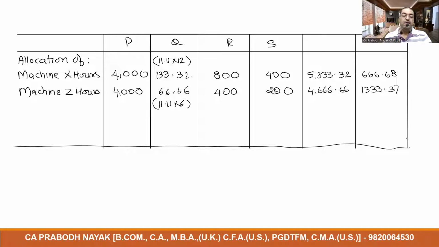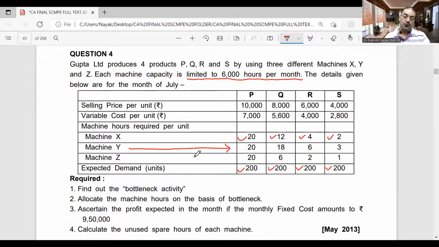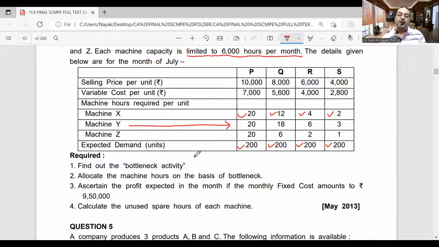Okay, now they have asked for profitability. Part 3 of the question was profitability: ascertain the profit expected in the month if the monthly fixed cost was 9,50,000.